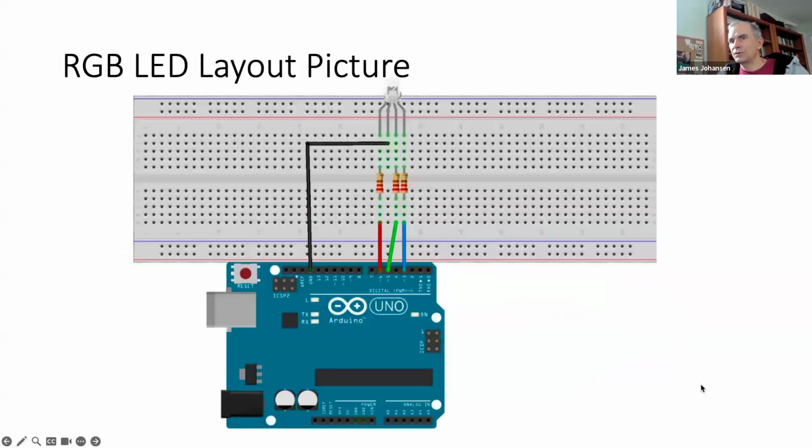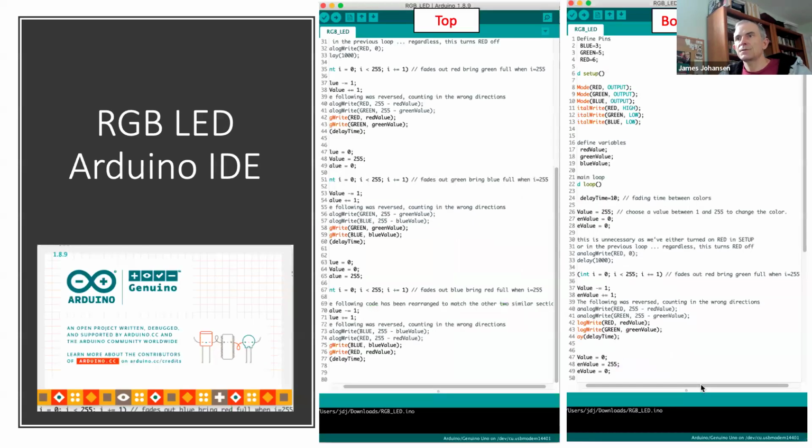And so I'll show a movie of that playing in just a few minutes. So this is what it would look like. We have to be defining what pins are going to connect. So blue is 3, green is 5, red is 6, so 3, 5, and 6.